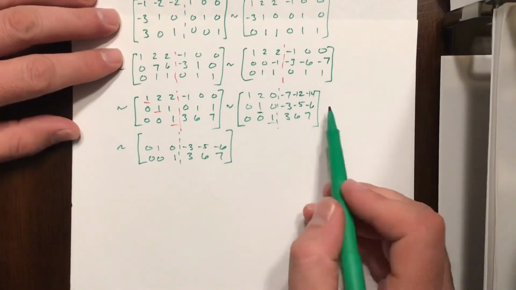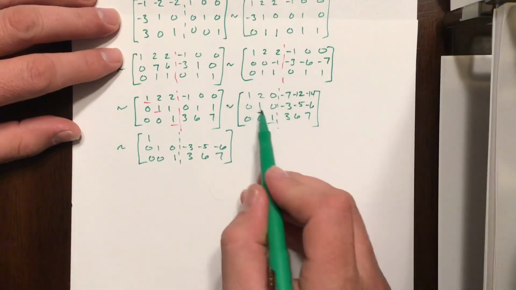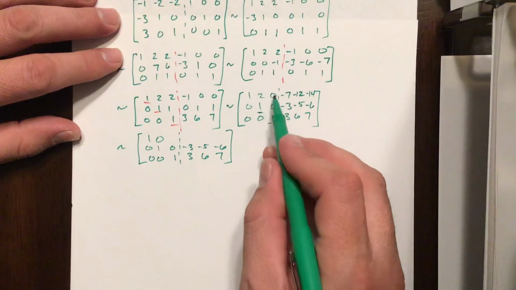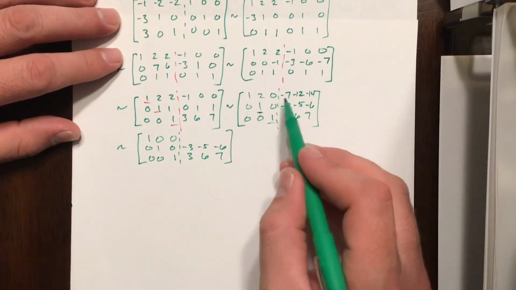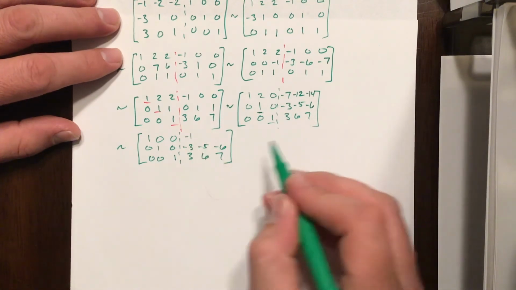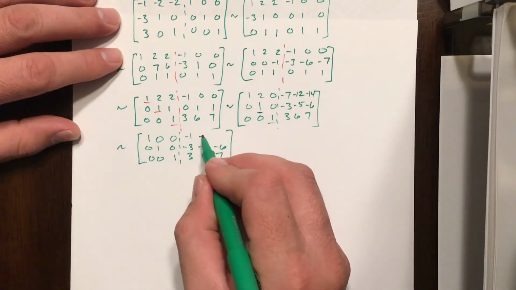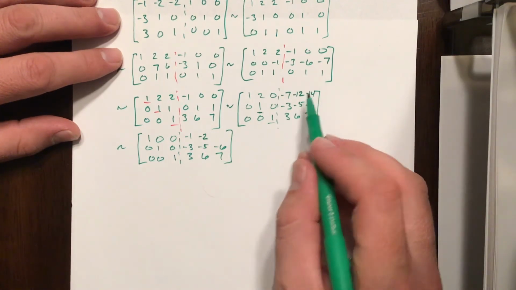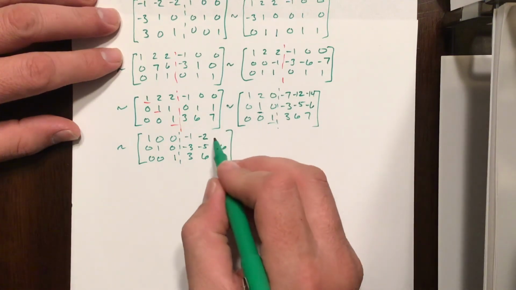So we're multiplying row 2 by 2. 1 minus 0 is 1. 2 minus 2 is 0. 0 minus 0 is 0. Negative 7 minus a negative 6, that's negative 1. Negative 12 minus a negative 10, that's negative 2. Negative 14 minus a negative 12, that is another negative 2.